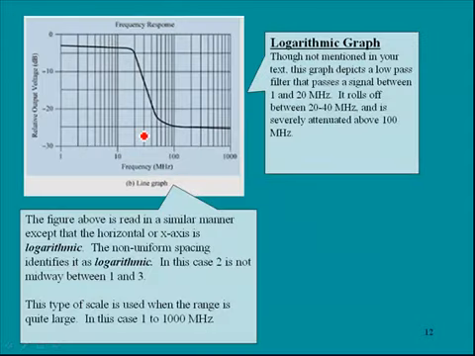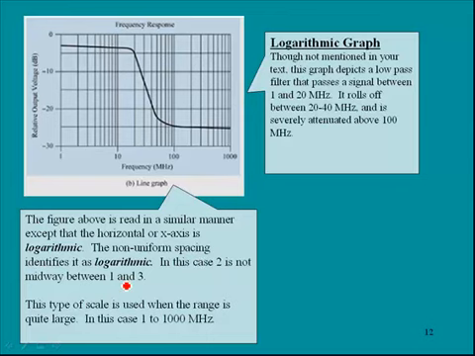Here we have a logarithmic graph. A logarithmic graph differs from a linear graph in that there is non-uniform spacing. When I say non-uniform, we have an example. In this case, 2 is not midway between 1 and 3.